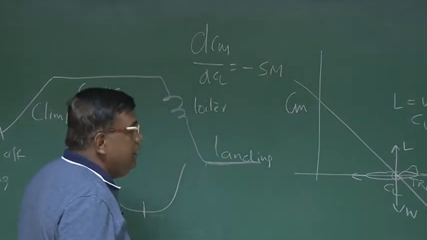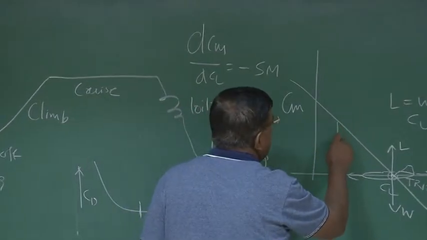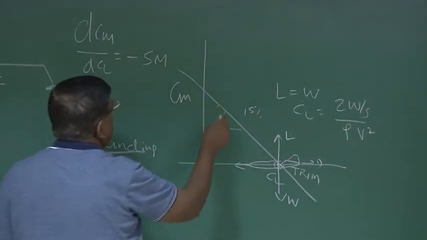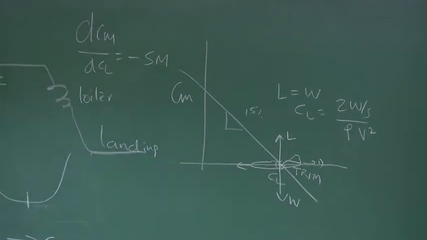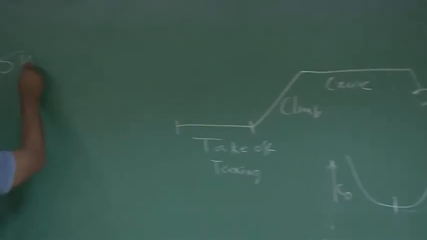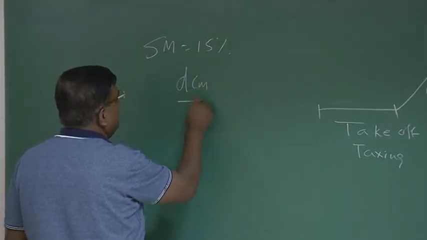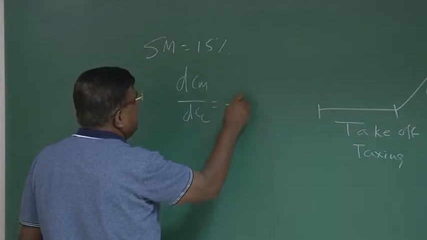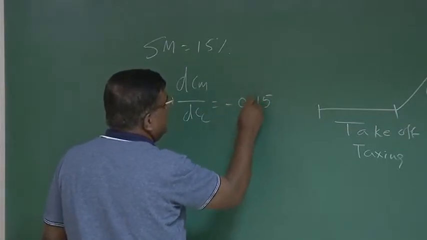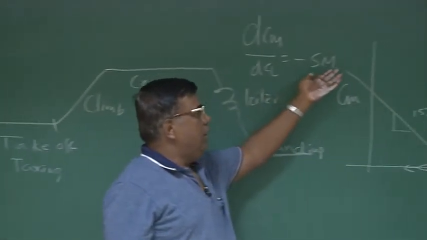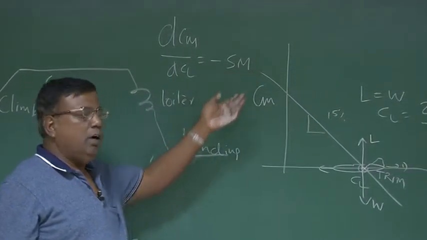If static margin is 15%, the slope dCM by dCL is minus 0.15, because dCM by dCL is minus static margin, non-dimensionalized with the mean aerodynamic chord, right?